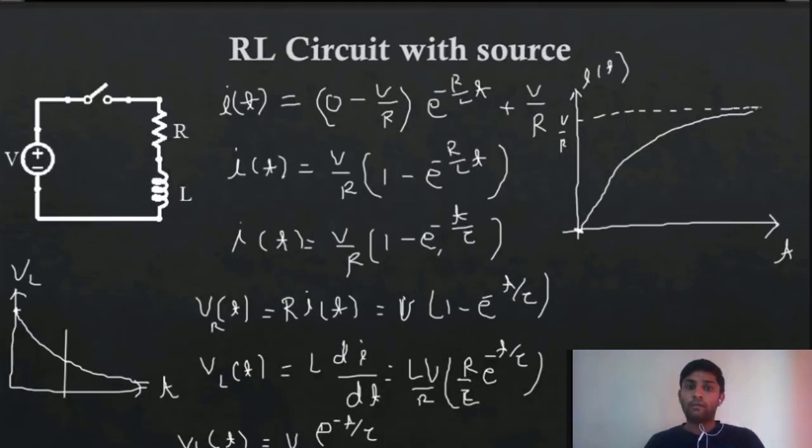If you take any time t, the total voltage will be equal to V. This will be the voltage at this time, and at the same time the voltage is this much. If you add these two, the total voltage will always be V. It does not change because these are connected in series. In the case of series, you will find that KVL is always followed.